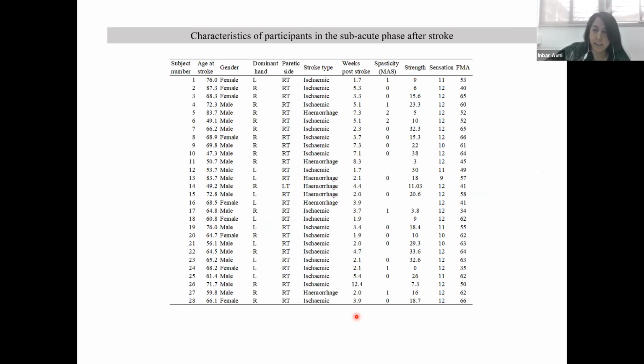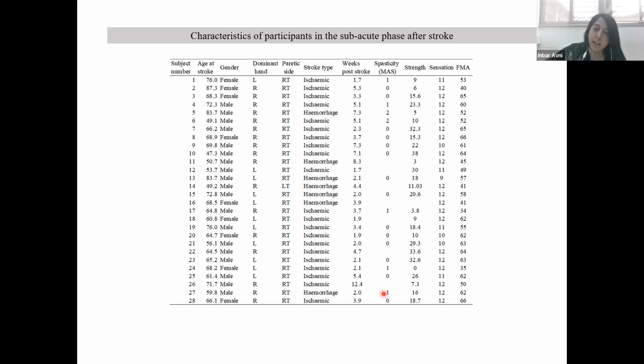We also collected an array of clinical measures. We've collected a measure for spasticity used in the clinic. This is the modified Ashworth scale you can see here. We've also recorded a measure of strength using a grip dynamometer. Also, we've tested them on a Fugl-Meyer test.